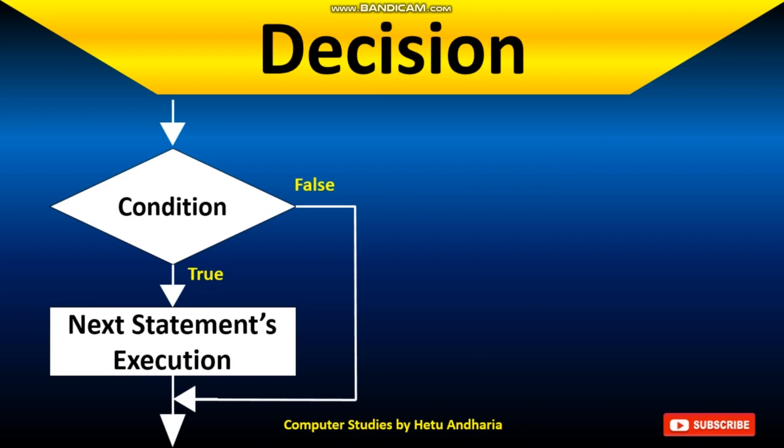Then we come to one more thing, that is condition. This is a very useful thing. When you prepare programs in C language, at that time you will have to check the condition, and from that condition you will have to take the decision of what to do next.